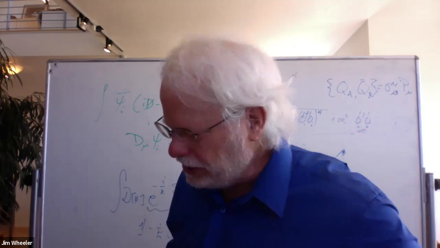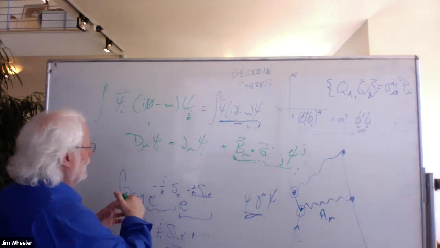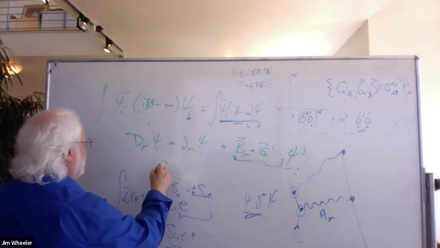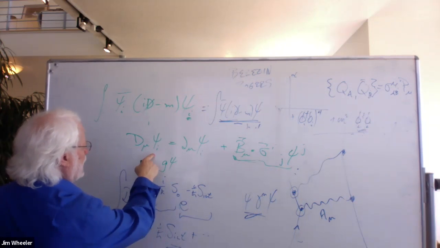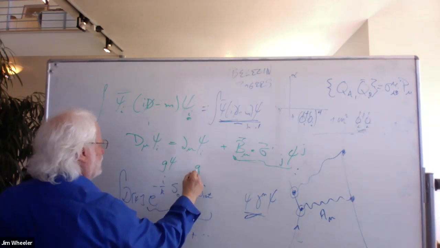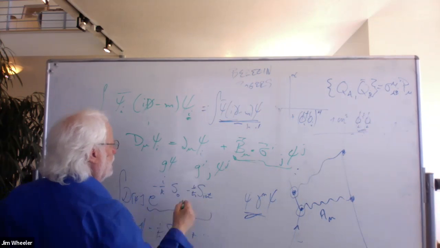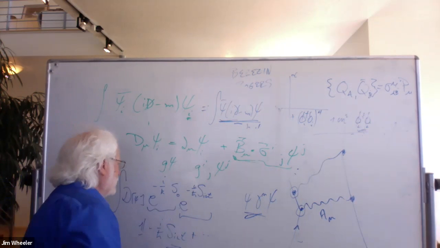The covariance property tells me that if I do an SU(2) group transformation on psi, this is going to be some G_ij psi_j on the internal index.